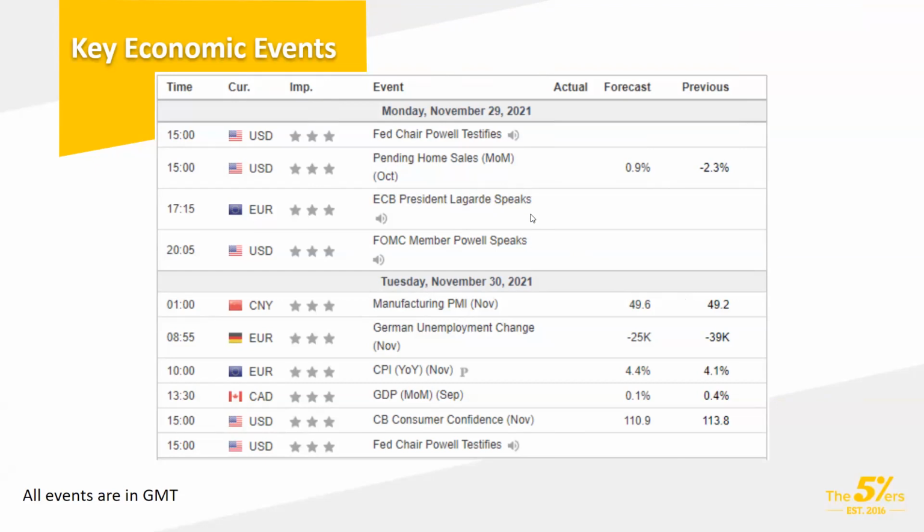We had pending home sales, and we have some speeches from the European Central Bank and Powell, and also tomorrow we have in China the manufacturing PMI, which is quite important to show some global economy health. The German unemployment change, CPI in Europe. That would be interesting to see what the inflation rate in Europe is, consumer price index, GDP in Canada, and some consumer confidence in the US.